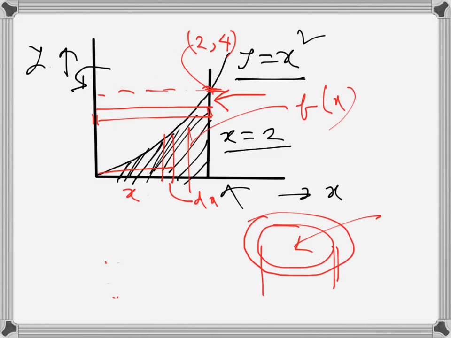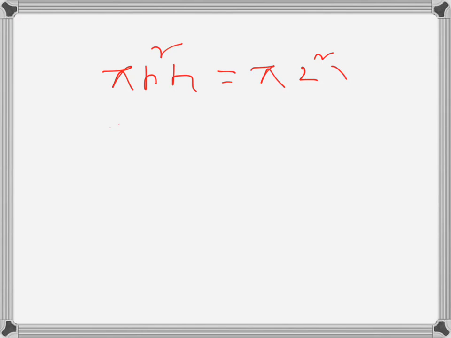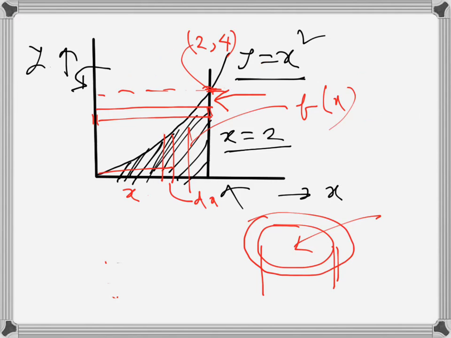So r is 2 and the height is 4, so this is 16 pi cubic units.